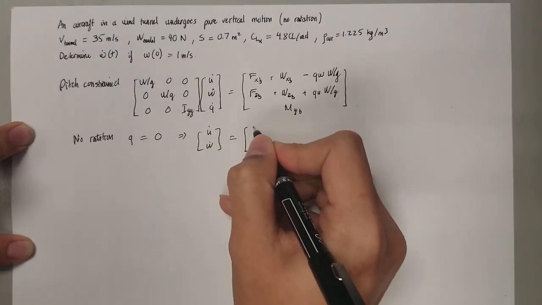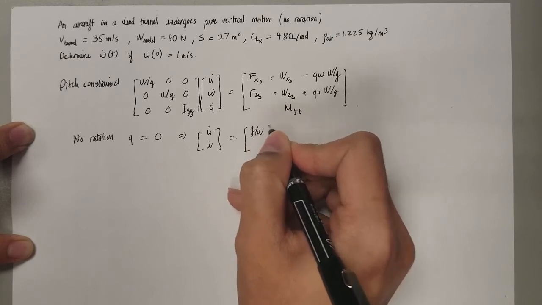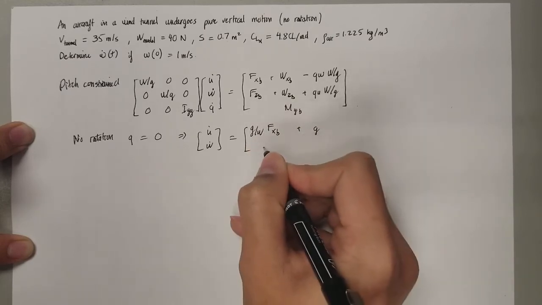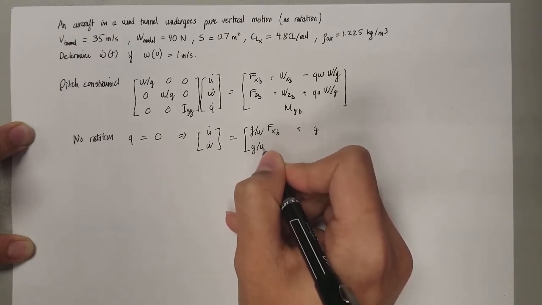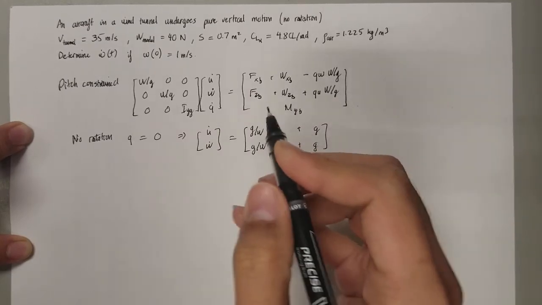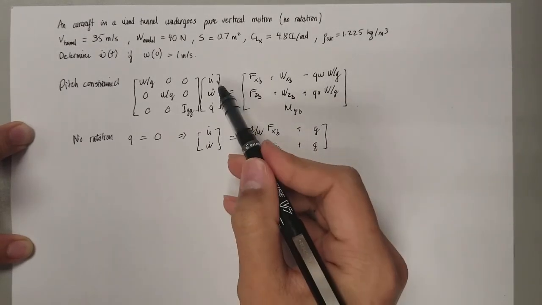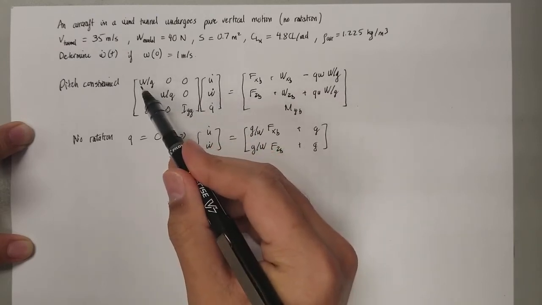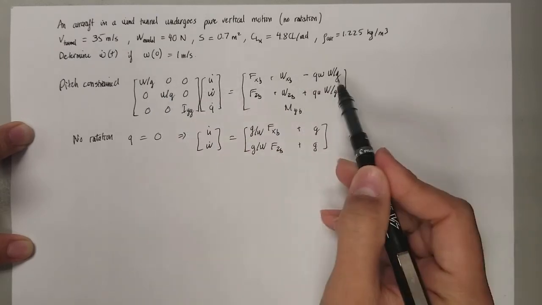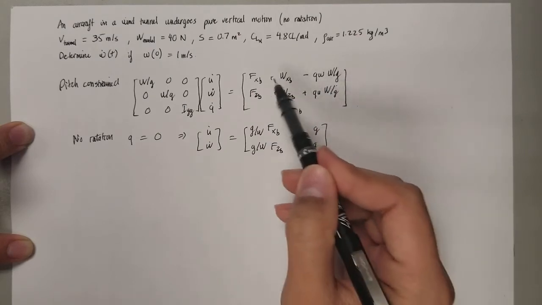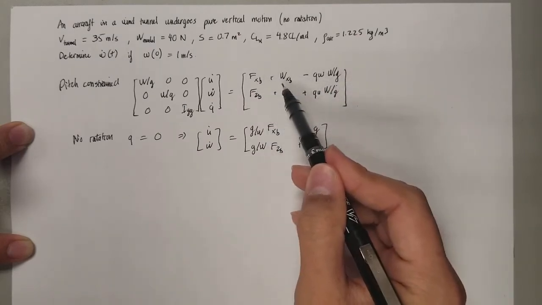It's going to be g over W of Fxb plus g over W of Fzb plus g. Since Q is equal to 0, you are left with U dot and W dot. If you move the W over g term to the other side, with Q equal to 0, all of these go away, and you are left with the Fxb and the weight.